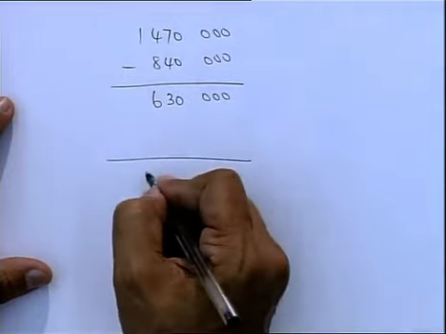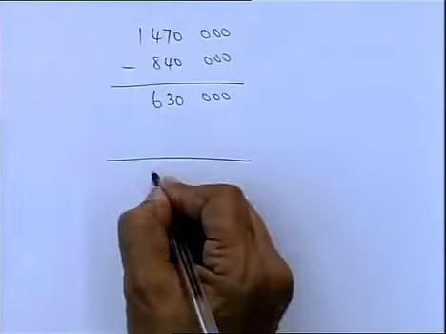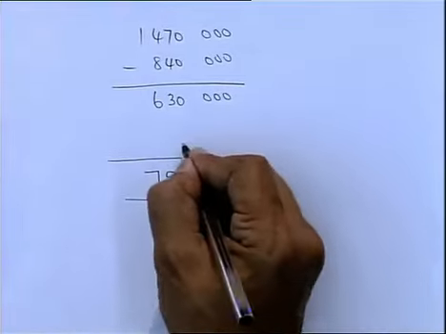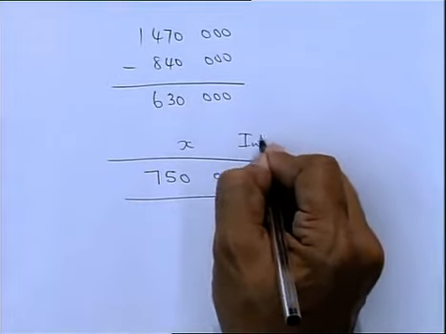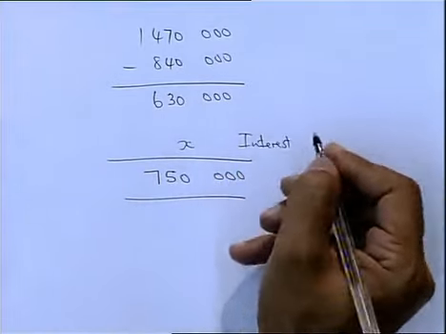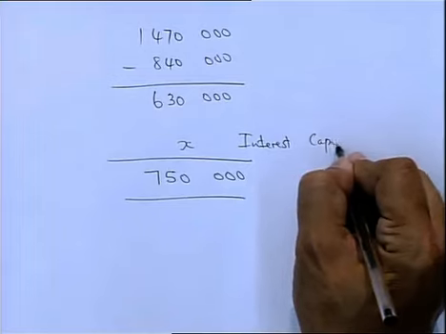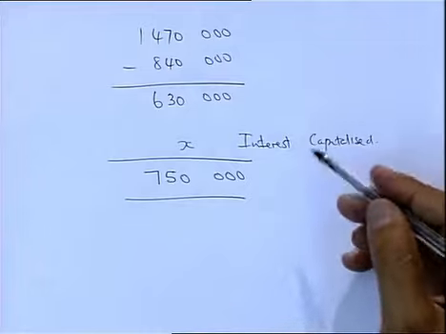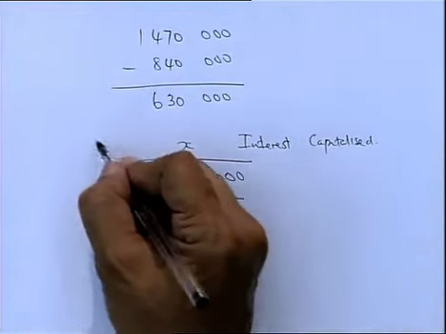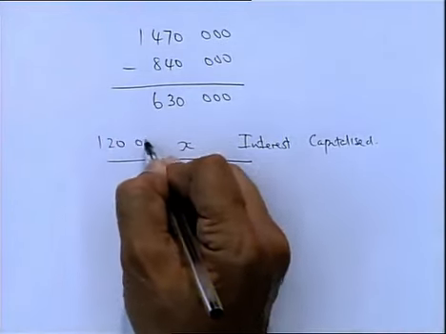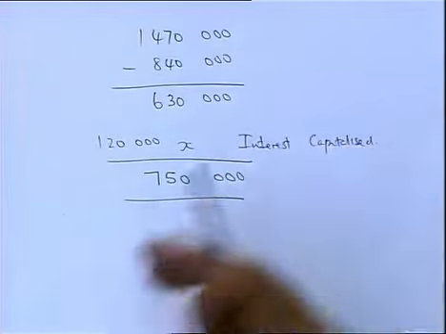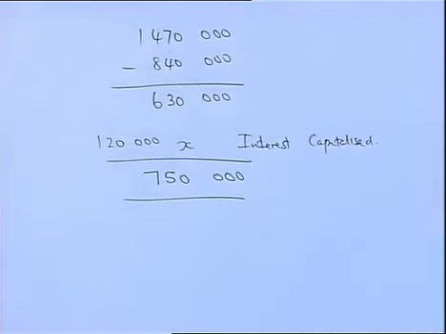But the balance at the end of the year for the loan is 750,000. So there's a missing figure there, which is the interest that was capitalized. So the missing figure is obviously then 120,000. So 750 minus 630 gives me the 120,000.